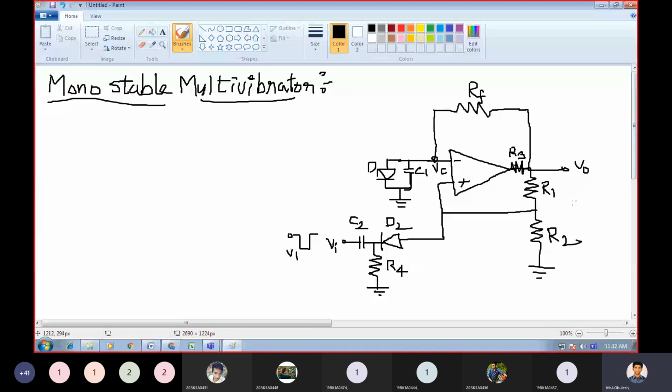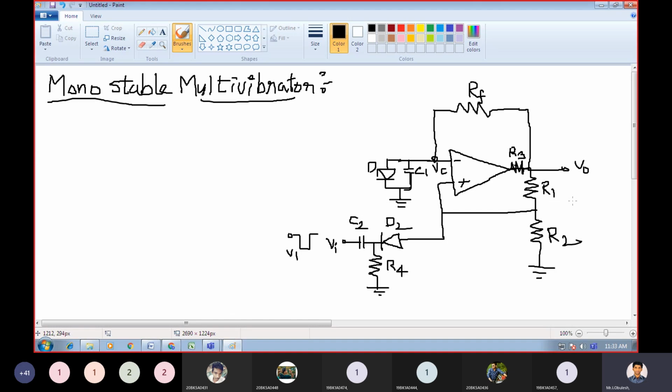So this is the diagram for monostable multivibrator. It has one stable state and the other as quasi-stable state.